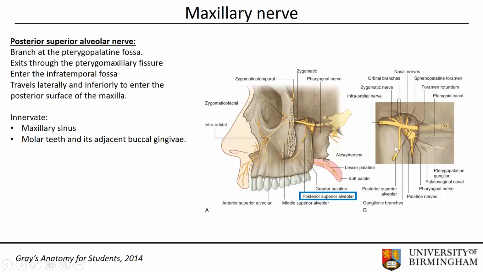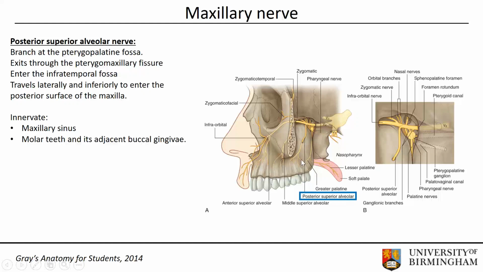Now, at the pterygopalatine fossa, the maxillary nerve will give off the posterior superior alveolar nerve, which then exits through the pterygomaxillary fissure to enter into the infratemporal fossa, and it then travels laterally and inferiorly to enter the posterior surface of the maxilla through a small foramen and then passes inferiorly deep to the mucosa, like this, of the maxillary sinus, and will join the superior dental plexus.